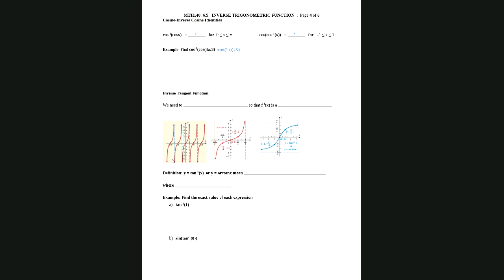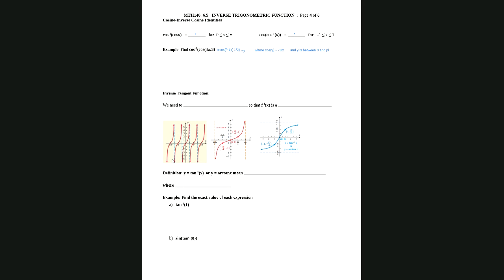So I'm going to say this is equal to y, where the cosine of y is equal to -1/2, and y is between 0 and pi. So now I need to think, what is an angle between 0 and pi whose cosine is equal to -1/2?